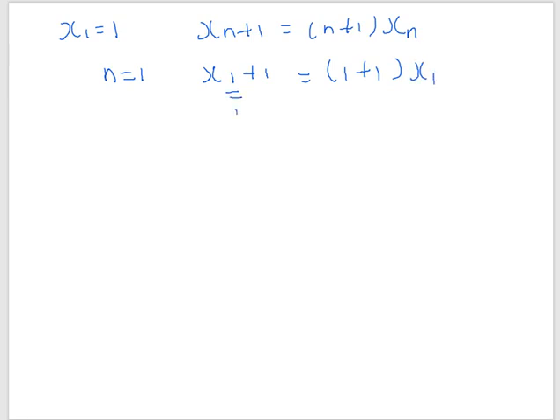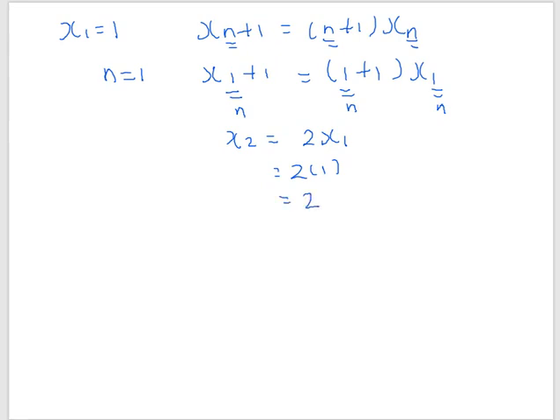We are putting n as 1, so you're supposed to substitute n as 1 in each place into the given equation. This will tell you x2 is 2 times x1. And now you see why you are given x1 is 1. Since x1 is 1, this should be 2 times 1. So the answer is 2.